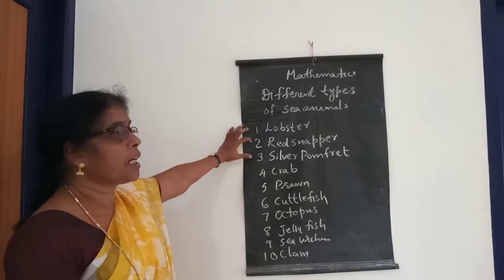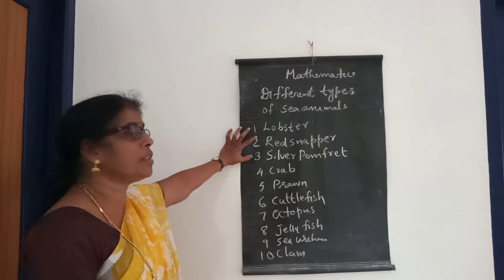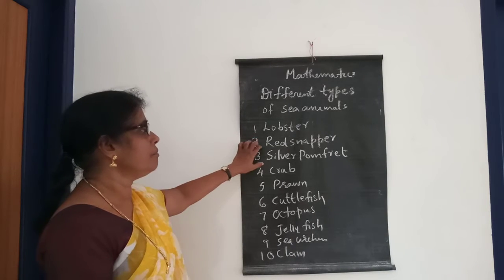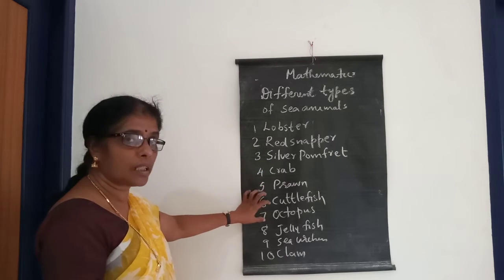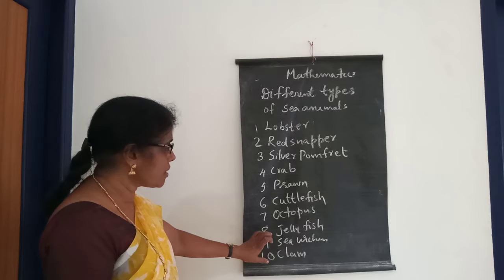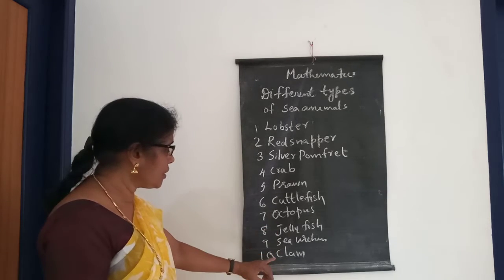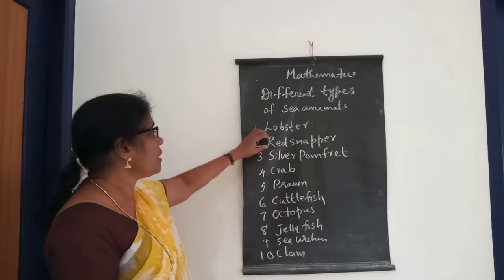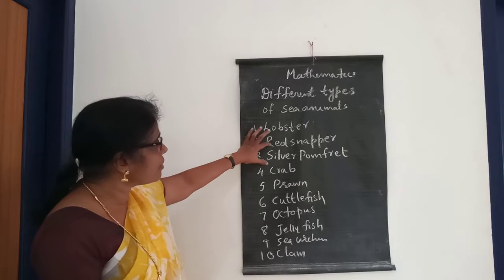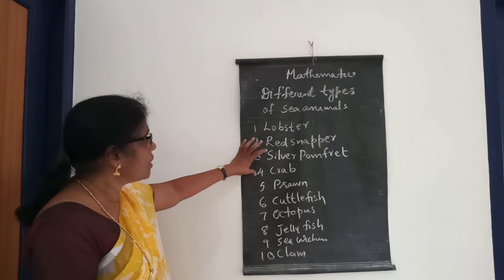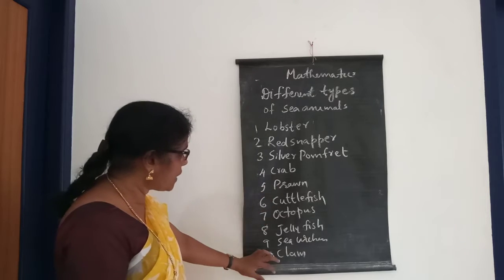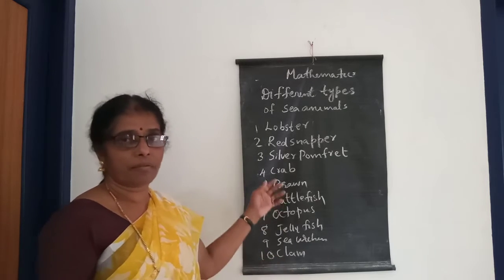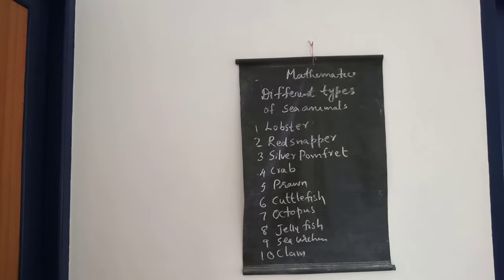Then these are the different types of sea animals: lobster, red snapper, silver pomfret, crab, prawn, cuttlefish, octopus, jellyfish, sea urchin, clam. Here this red snapper, silver pomfret, crab, prawn, cuttlefish, and clam, these we use as fish, as sea animals.